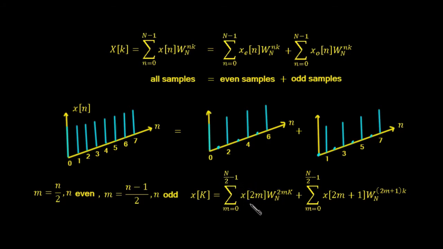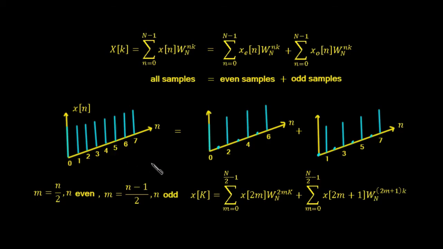And the first lot of samples here, the even lot, would be x of 2m, and this would be W subscript n to the value of 2mk, and the odd parts would then be given by x of 2m plus 1, m equals 0 to the limit n upon 2 minus 1, and again the omega n here would now be 2m plus 1 times the value of k.